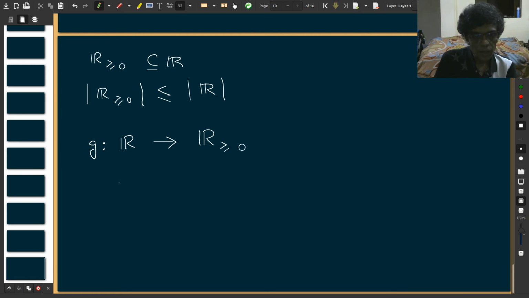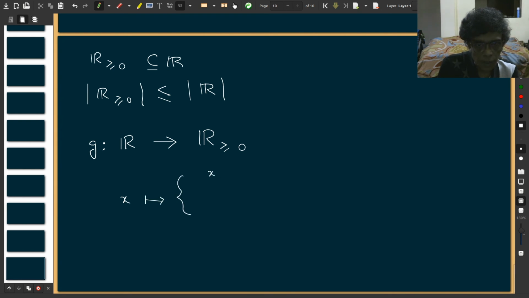So, we use a very similar construction. x maps to x over x plus 1 if x is greater than or equal to 0.